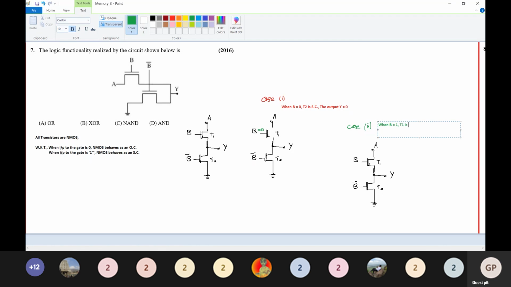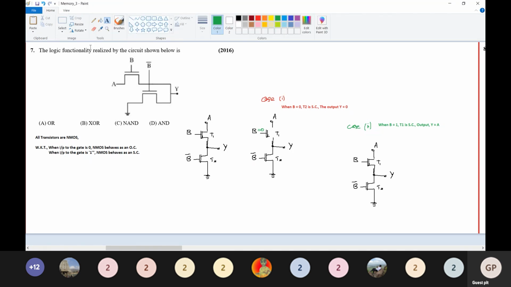T1 is short circuited, and the output is going to be Y is equal to A. Output Y is equal to A. Okay, so check this out.